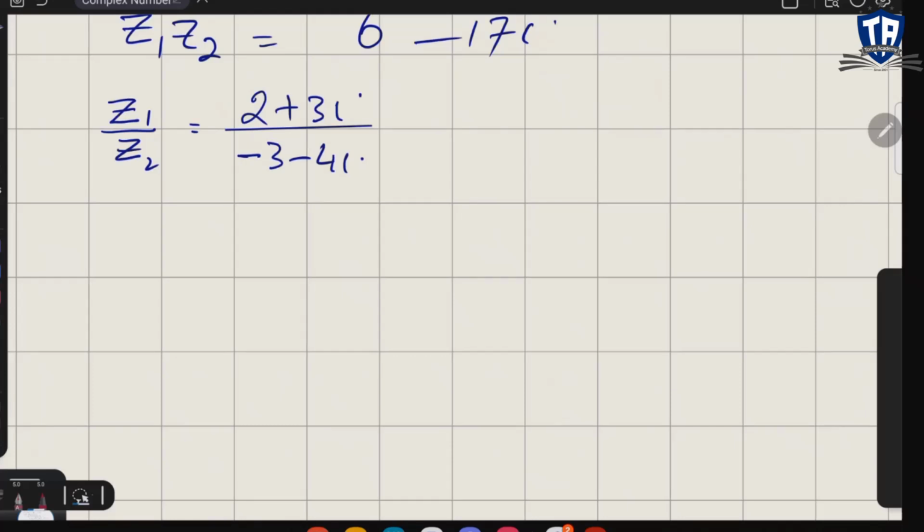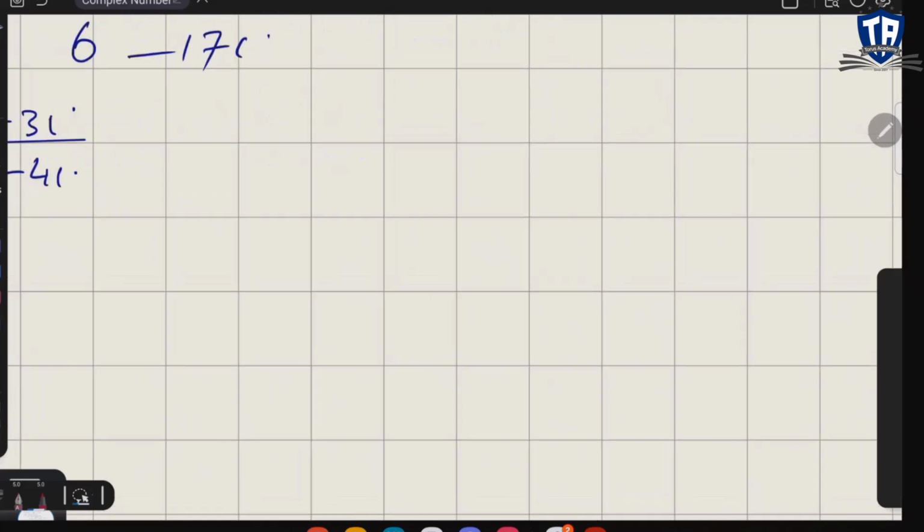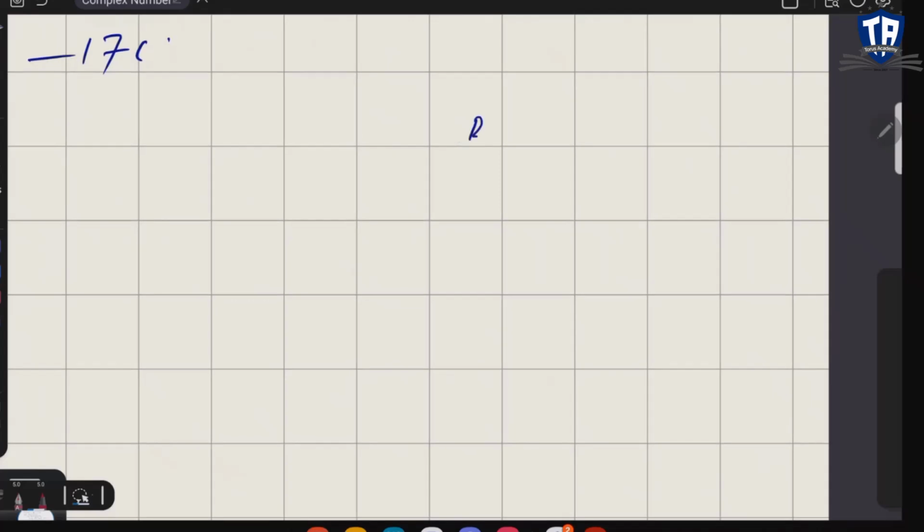In this quotient form, you can see that you have real and imaginary parts in the numerator and real and imaginary parts in the denominator. But a complex number is basically written like this: the real part plus iota times the imaginary part. This gives any complex number.